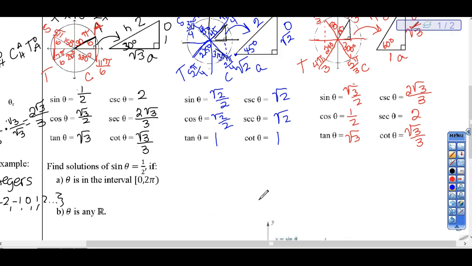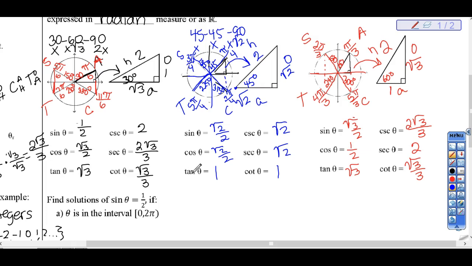Question. Did I get it backwards? Oh, let's fix that. You are right. Fix these. Sorry. Erase. No, square root of 3 tangent. Sorry, tangent of 30 is 1 over the square root of 3, which is the square root of 3 over 3.